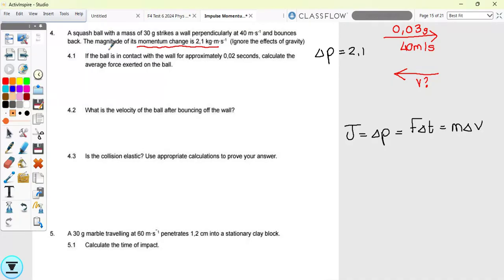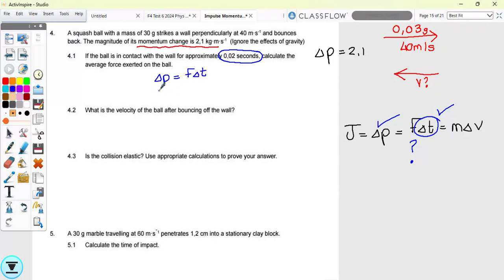So in the question, they say the ball is in contact with the wall for approximately 0.02 seconds. So they're giving us that. And they ask us to calculate the force. So now you can see how easy it becomes. Once you have it like that, you know that you're going to use the equation that says delta P is equal to F delta T.